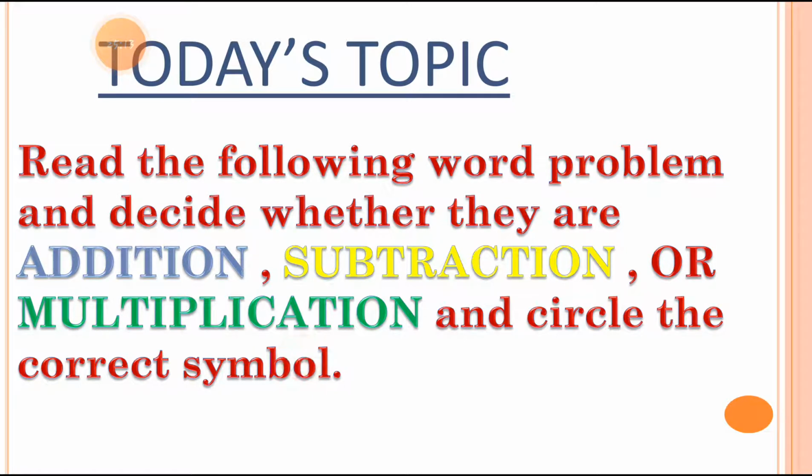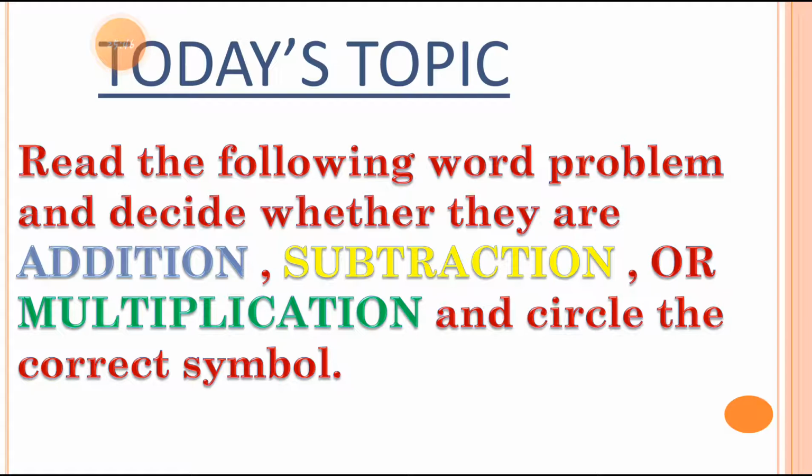In this we have to just decide whether it is subtraction, multiplication or addition. Which type of sum it is, which operation we have to follow. In this topic we are not going to solve the sum, we are not going to give the answer in words. We have to just decide if it is addition, subtraction or multiplication, and circle the correct symbol.